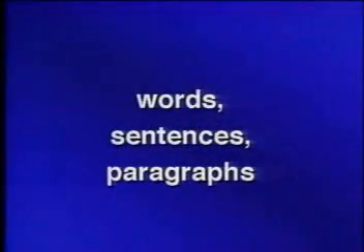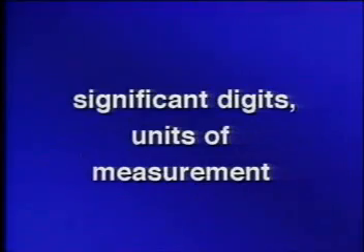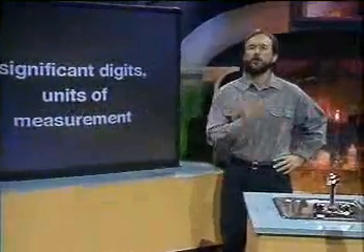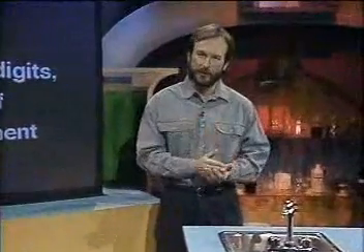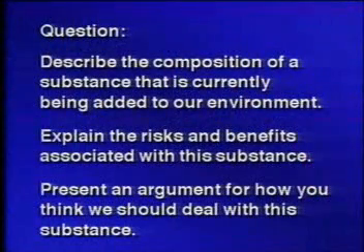The minor scoring criteria involve communication skills, which include those processes by which the information is exchanged through appropriate conventions, including words, sentences, and paragraphs, graphs and diagrams, mathematical and chemical formulas, mathematical and chemical equations, significant digits, units of measurements. All responses should reflect good organization and be presented in a clear, concise, and logical manner. So try the challenge question and check the Learner's Guide for examples of appropriate responses.